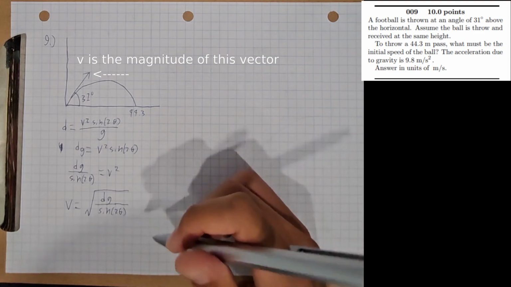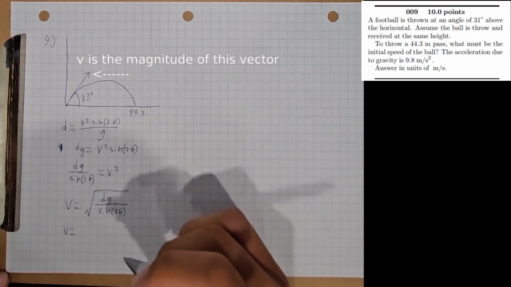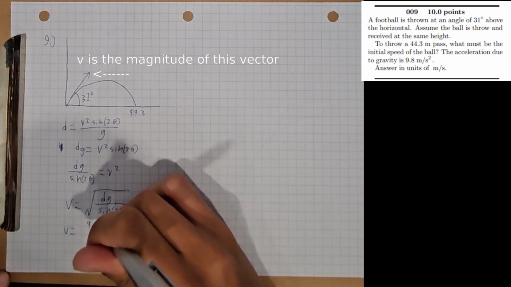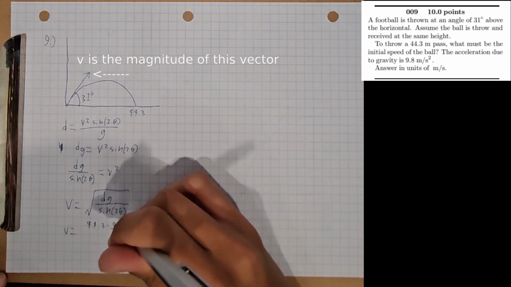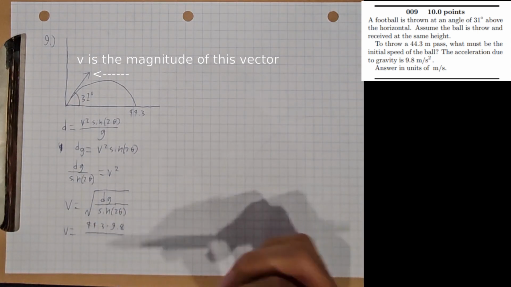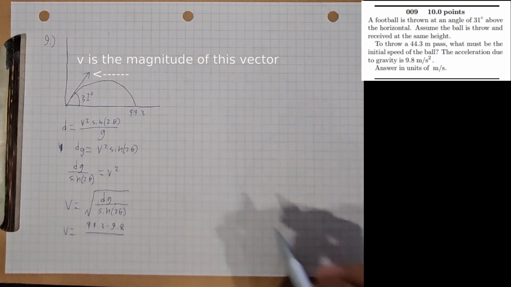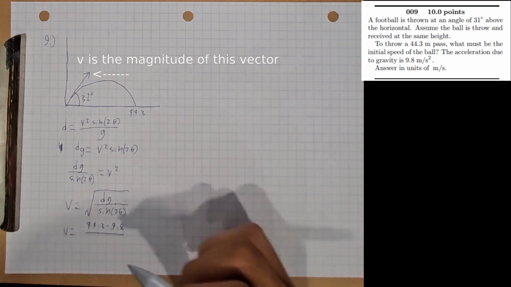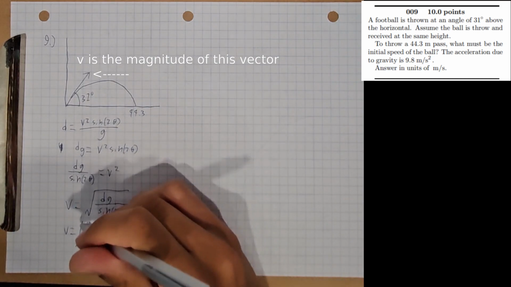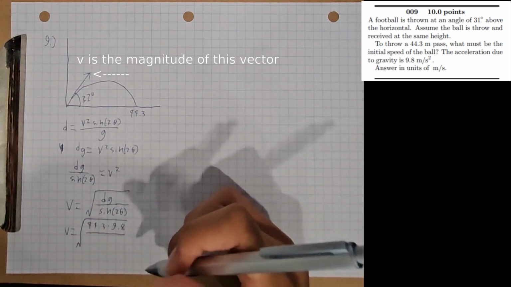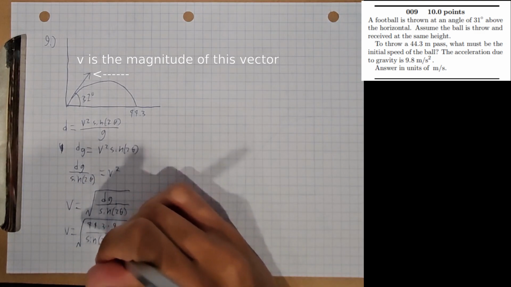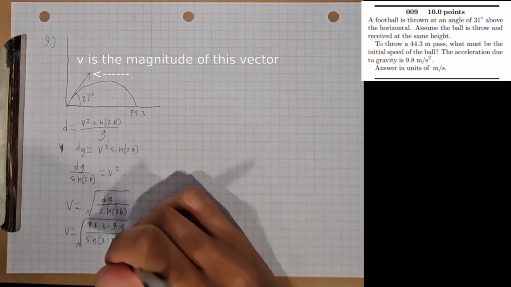Filling these numbers in, v is equal to the square root of the distance, 44.3, times gravity, 9.8. Gravity is positive because it's asking for gravity, not acceleration, so the negation is factored into the formula already. And this is over the sine of 2 times 31.